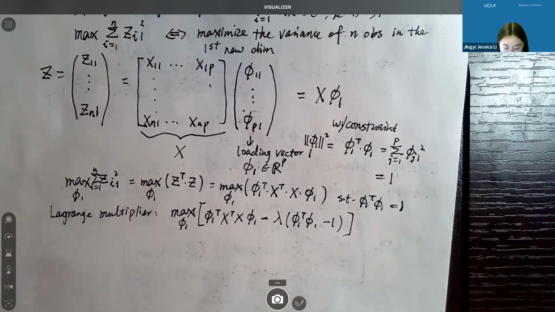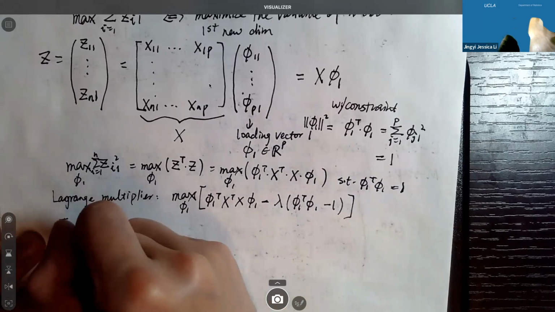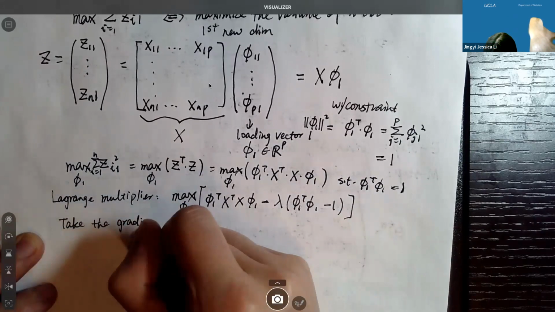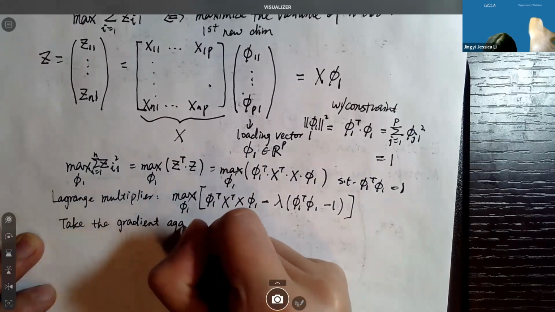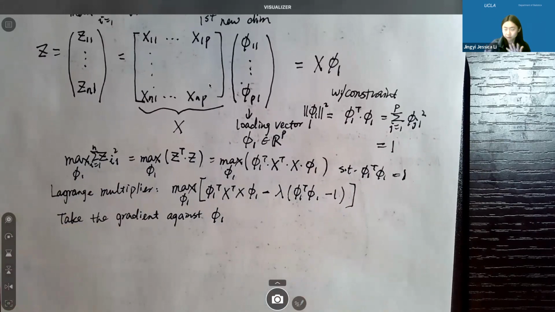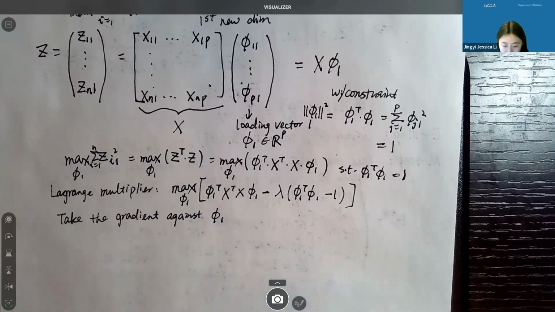Then we use our gradient approach to find the maximizer. So we take the gradient against this vector phi 1. Since phi 1 is a vector, the partial derivative against each component will give us the gradient.